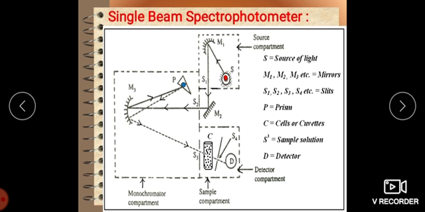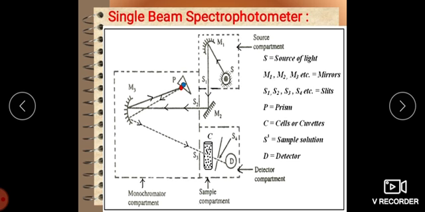Okay, here we can see the mechanism of the single beam spectrophotometer. The source gives polychromatic light, which is passed through a number of mirrors by reflection and passed to the prism.